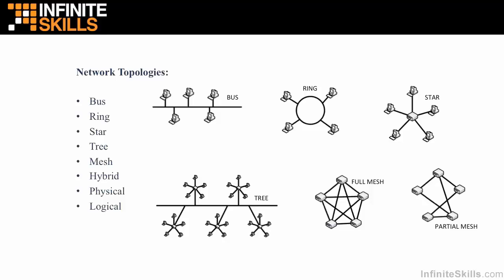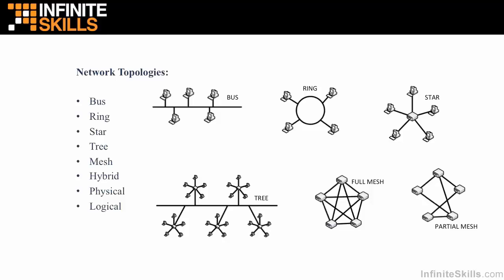And so each floor then would be a branch on this tree, with the trunk of the tree being this perhaps fiber optic cable run that would run up the elevator shaft. So this was a sort of a hybrid or a combination of the bus and the star topologies.